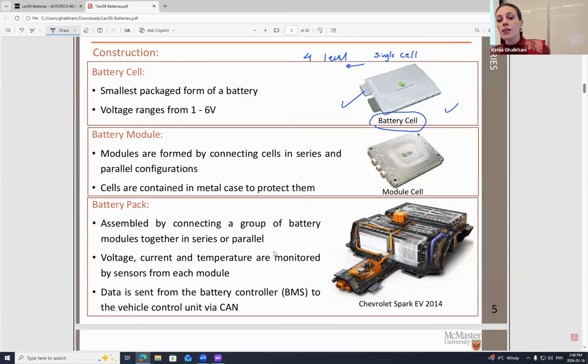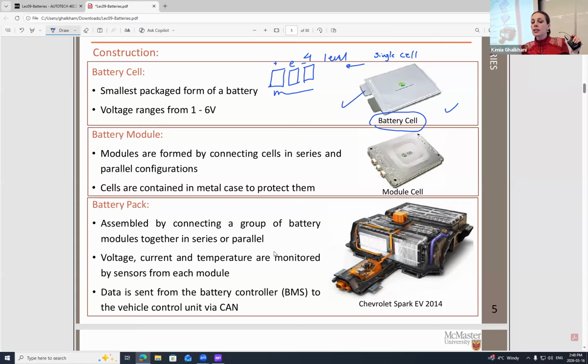A single cell is when we have only one layer of positive, one layer of electrolyte or separator, and one layer of negative. That's what we call a single cell, because in the design of a battery, we always have all of these three layers involved. And some batteries, as I said at the beginning, are exceptional. They have only two layers, but mostly they have three.